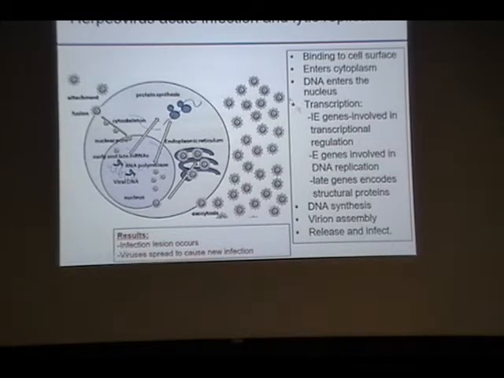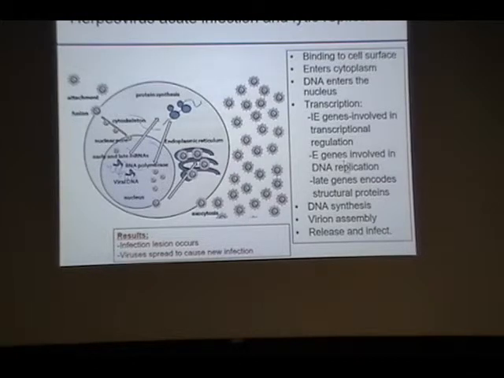These are the first genes expressed once the virus DNA is in the nucleus. Usually these immediate early genes are virus-encoded transcription factors, which can turn on expression of other virus genes.